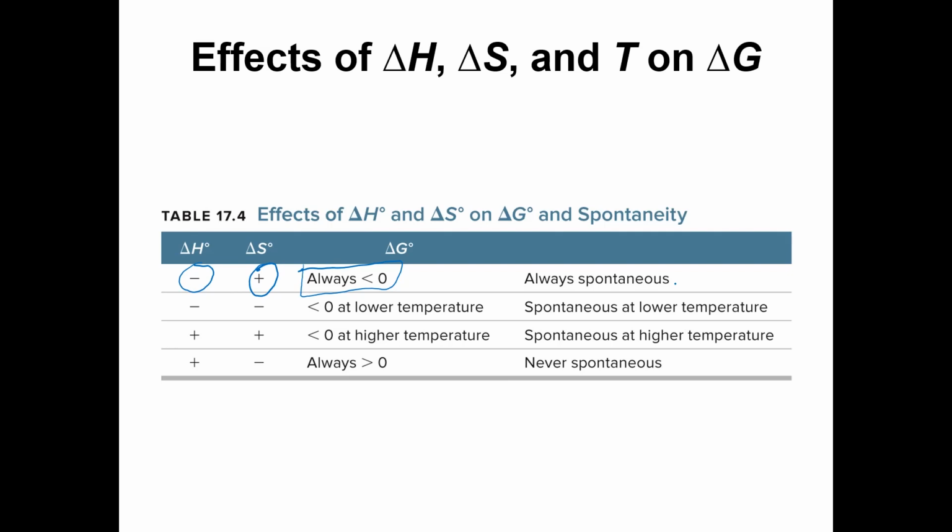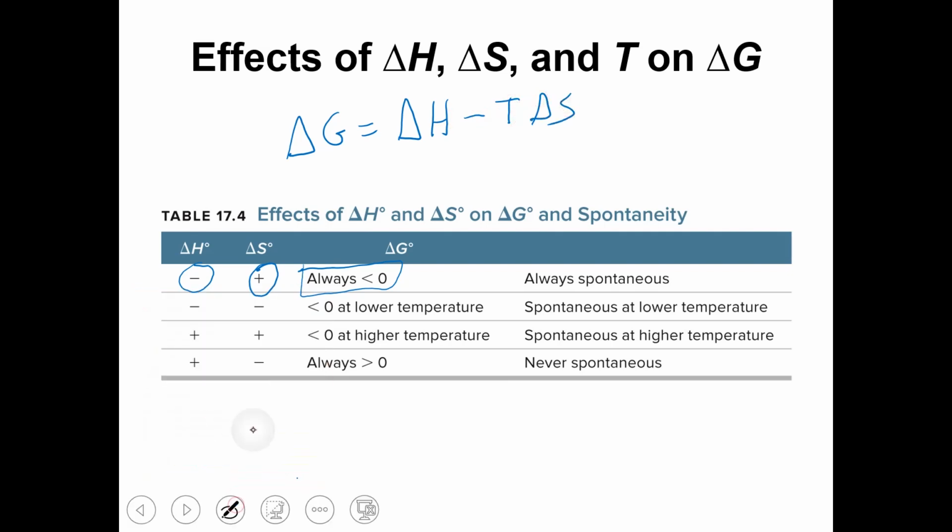So remember, the formula is delta G is equal to delta H minus T delta S. And we want delta G to be negative.